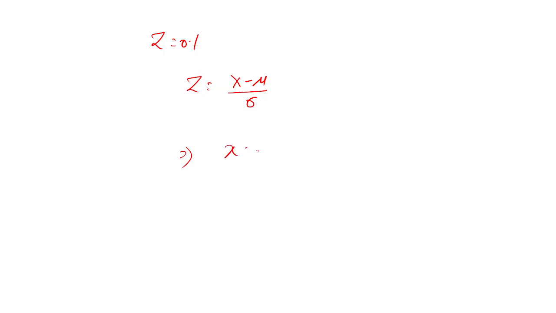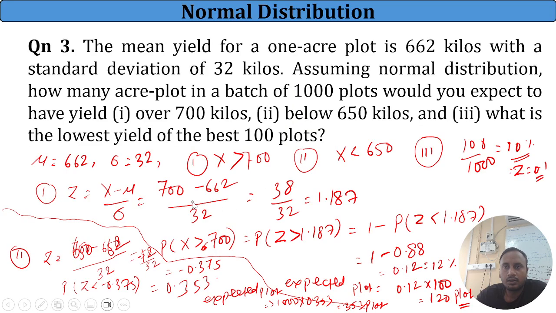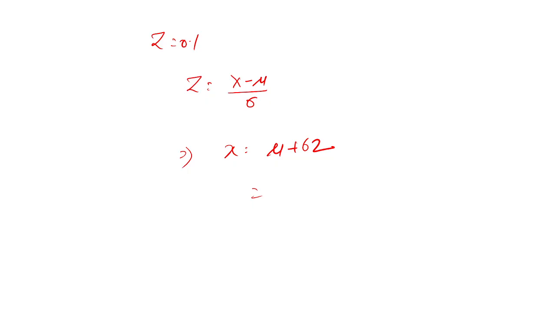So x will become mu plus sigma times z. So mu, how much is there? We have 662. z is equal to 0.1 into sigma, we have 32. How much will the value come? Answer.